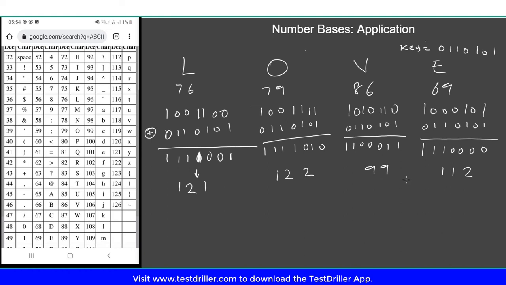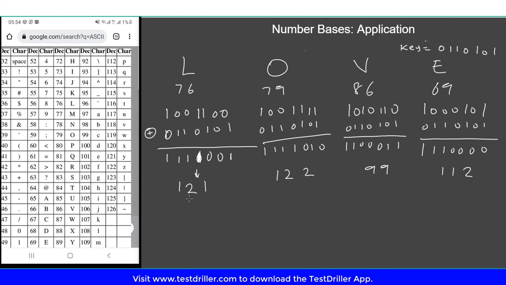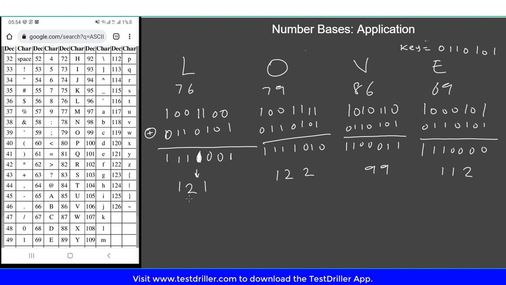How does a computer see 1, 2, 1, and so on? This table will tell you what they are. If you check this table for 1, 2, 1, it is Y, small letter y. Then 1, 2, 2 is Z, that's small letter z.